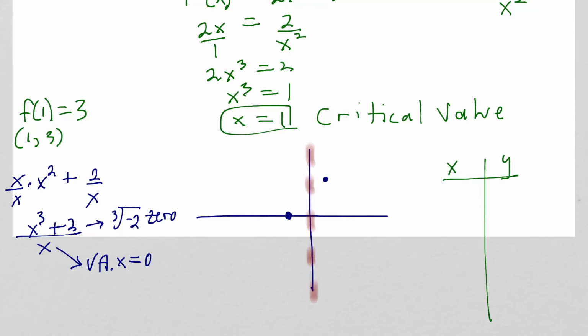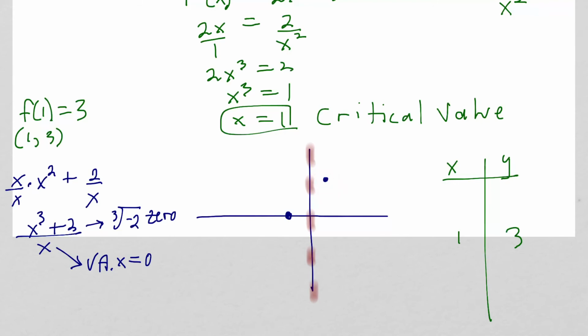So we've got the point (1, 3). If we get close to the vertical asymptote over here, that'll give us an idea of whether we're going to go this way or this way. This point right here, being a critical value, is either going to be a local min, a local max, or an inflection point. So let's figure out what that is.